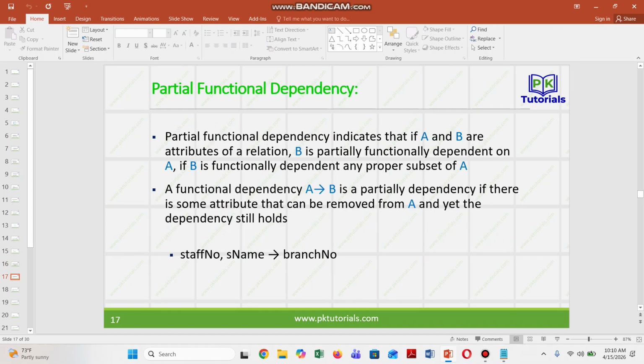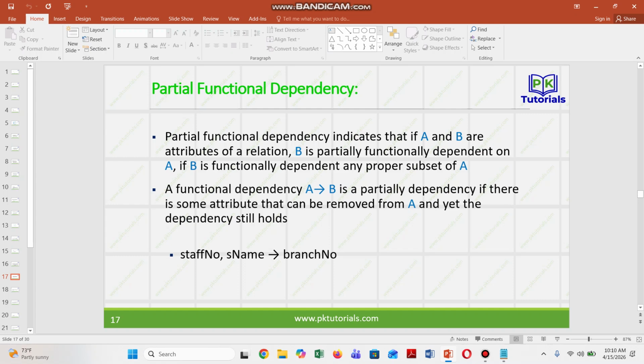Looking at partial functional dependency: if A and B are attributes of a relation, B is partially dependent on A if B is functionally dependent on any proper subset of A. A functional dependency is a partial dependency if there is some attribute that can be removed from A and yet the dependency still holds. For example, staff number and staff name determine branch number, or we can say branch number is dependent on staff number and staff name.